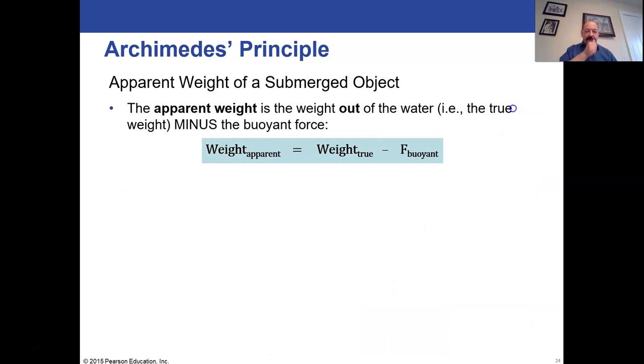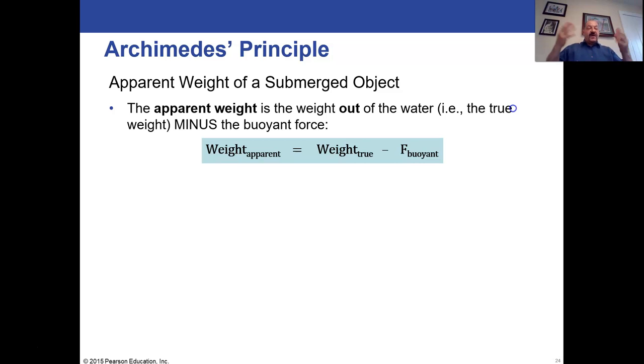So Archimedes' principle, which is talking about buoyant force, the force of buoyancy, also leads us to the concept of apparent weight. The apparent weight is the weight out of water. In other words, the true weight minus the buoyant force.